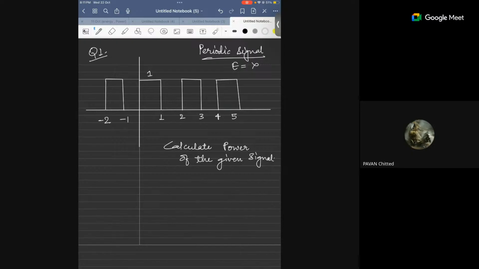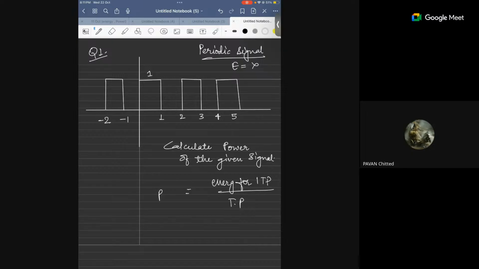Power is the average of the energy. Correct. Generally, when you calculate power, it is nothing but the average of whatever energy you calculate. So you can just calculate the energy for one time period, and then divide by the time period. This is how you generally calculate the power if you are dealing with a periodic signal.